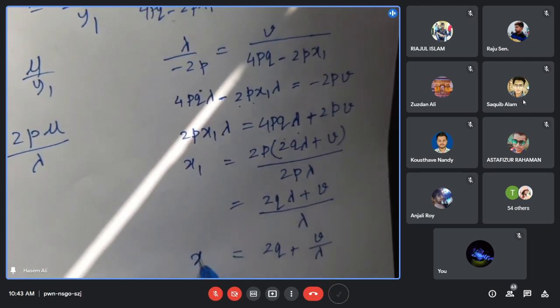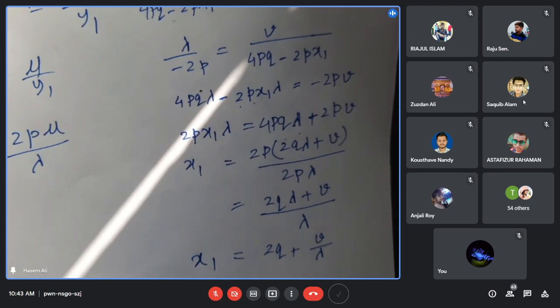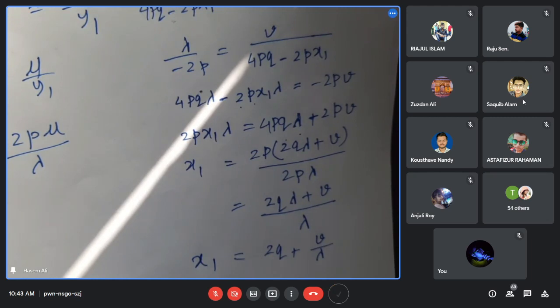So x1 equals to 2q plus v by lambda, and y1 equals to minus 2p mu by lambda.